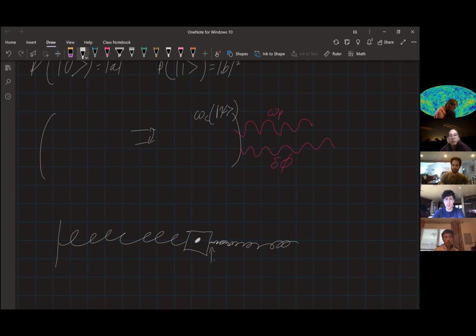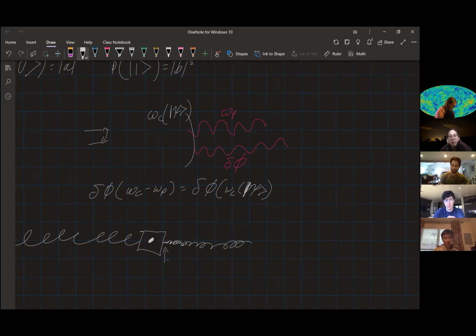So what you have here is a phase shift, delta phi, which is a function of the difference between the cavity frequency and the probe frequency. And the cavity frequency is a function of the qubit state. And so by measuring this phase shift, you can measure the qubit state.